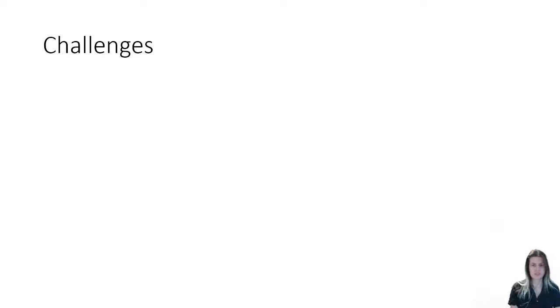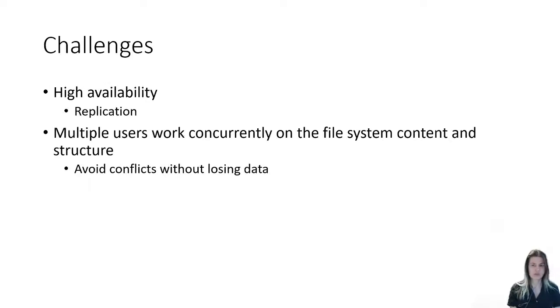Based on this definition of distributed file systems, we can identify the following challenges. High availability, coupled with the fact that multiple users are allowed to work simultaneously on the file system, on the one hand predisposes concurrent modifications to its content and structure, and therefore a strategy needs to be designed to resolve such conflicts without losing data.